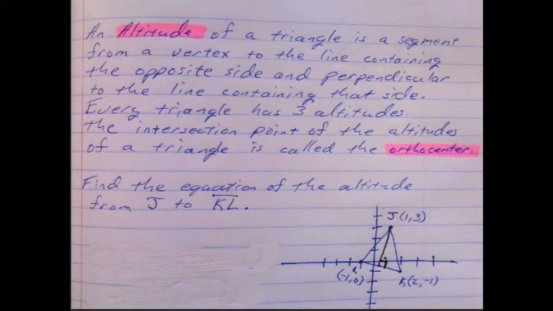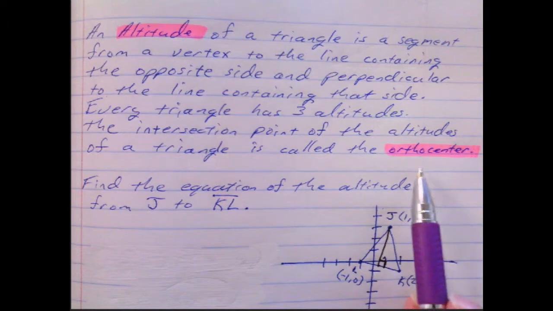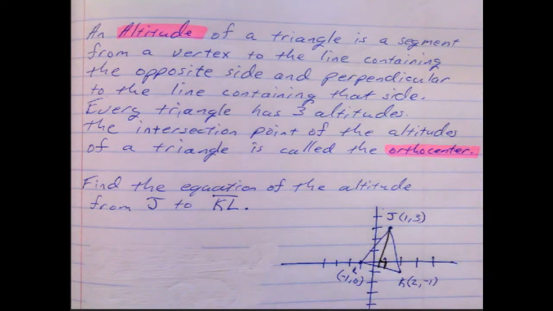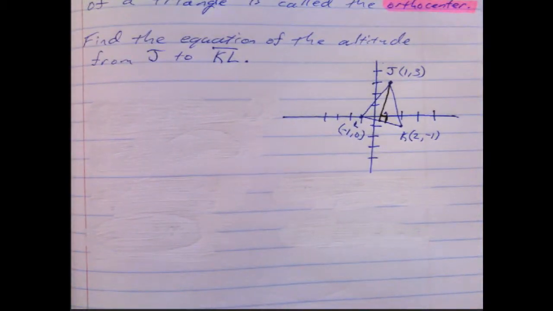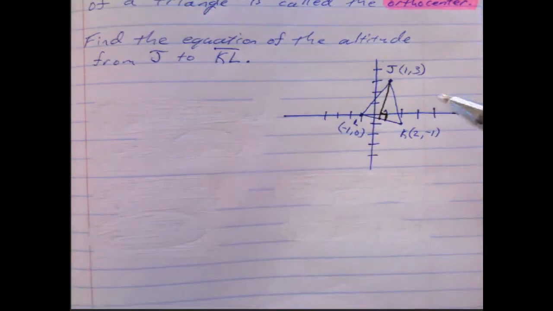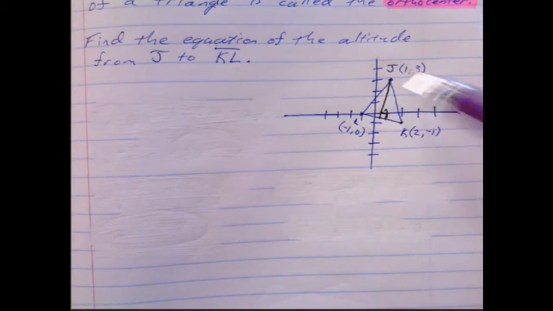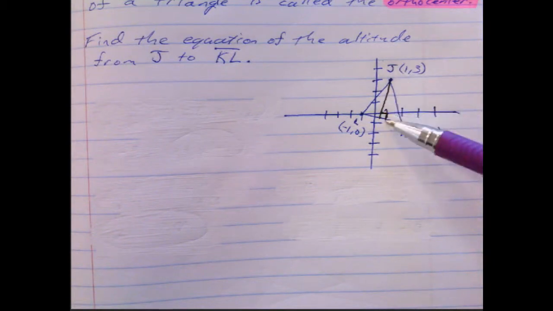Alright? So every triangle has 3 of these. They intersect at what's called the orthocenter this time. Alright, so we are going to do a problem with this. So we're going to find the equation of the altitude for J to KL. So let's look over here. We have this triangle. The altitude, you remember I said it has to be perpendicular.